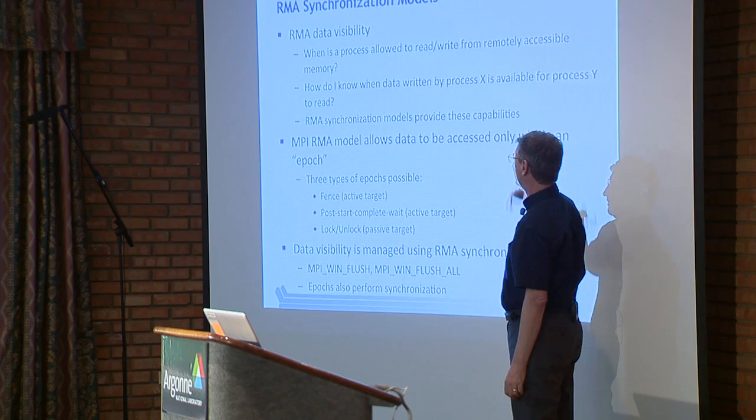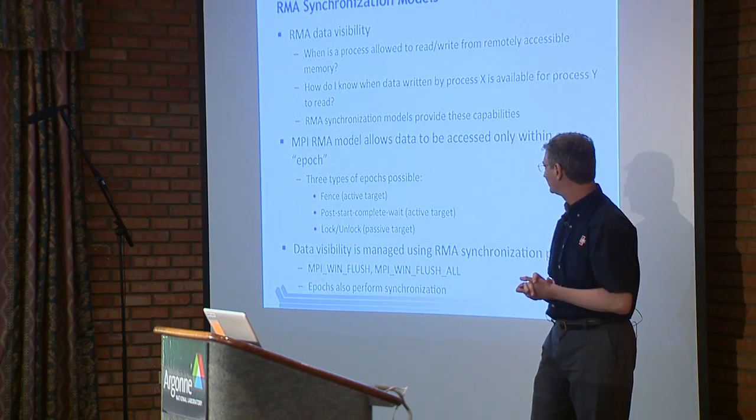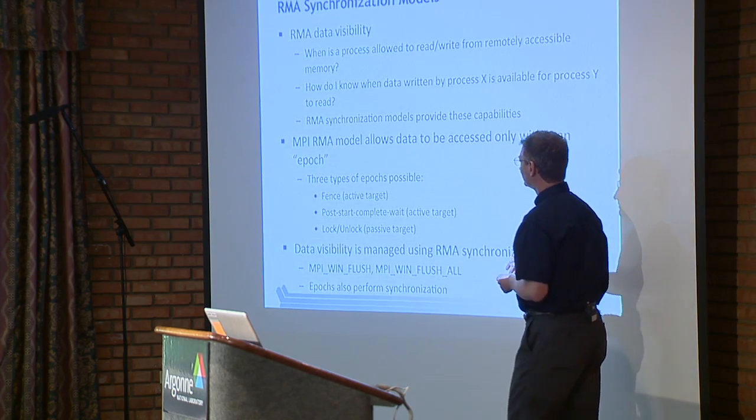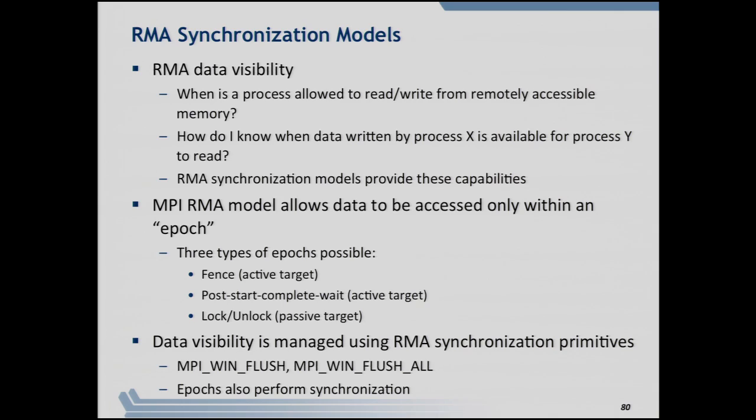And so there are a number of synchronization models for this. There are a couple of different types of epochs. I mentioned sort of two categories. There's active target and passive target. In the active target, effectively all of the processes that created that window participate in the synchronization. They didn't have to participate in the data motion, but they participate in the synchronization.